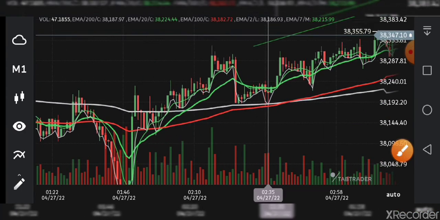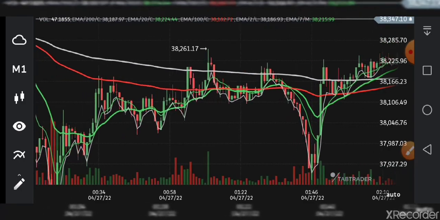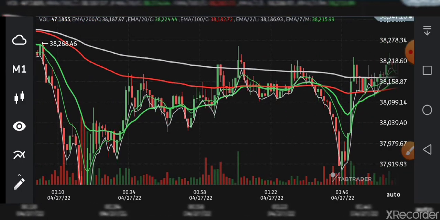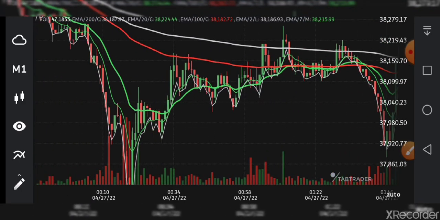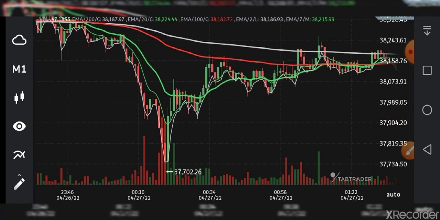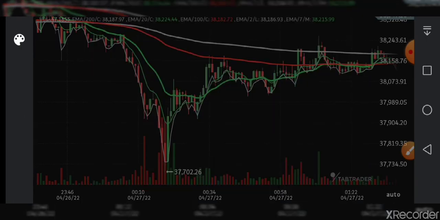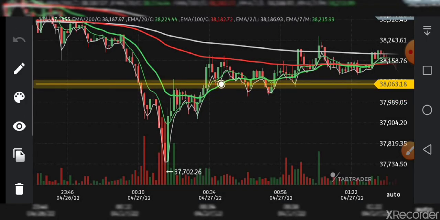If you look at that point that we are entering, you will see that we have our support and resistance. Look at the horizontal line. You can see it like a support.